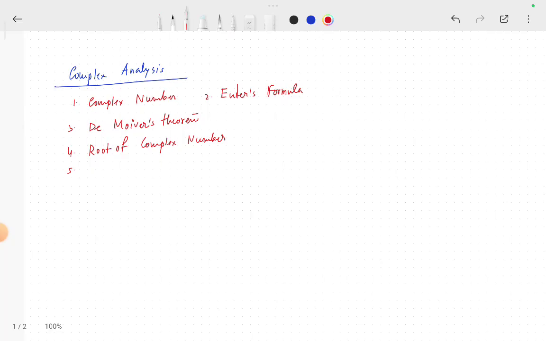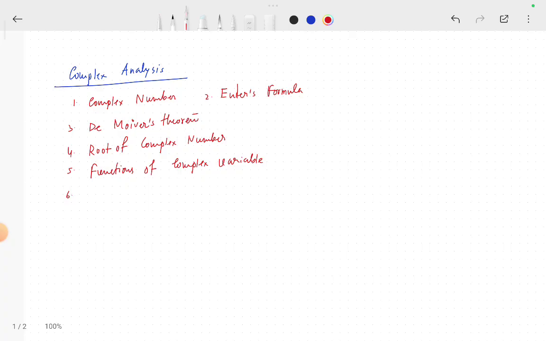Topic number 5 is functions of a complex variable. Topics 1 to 5 are some basic definitions of complex algebra.